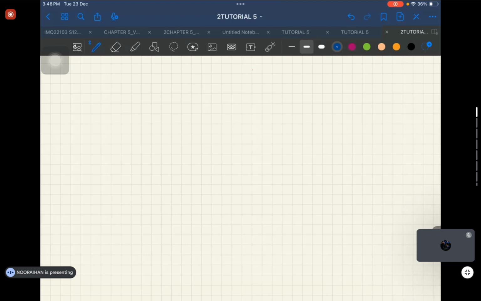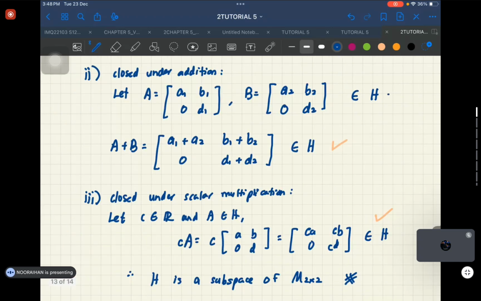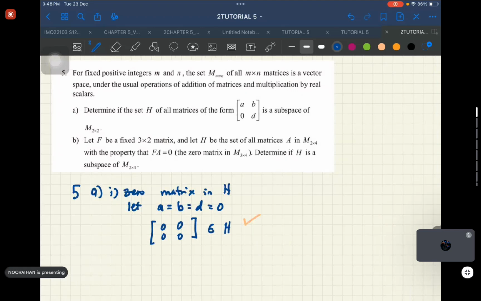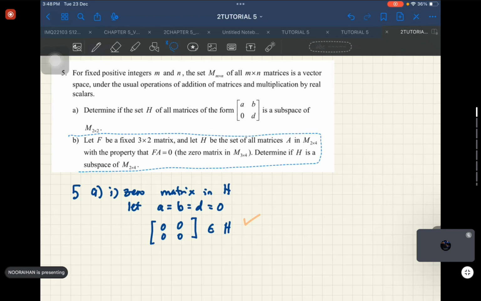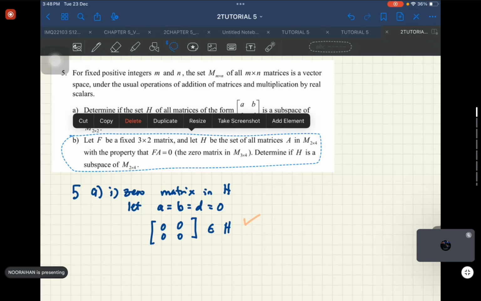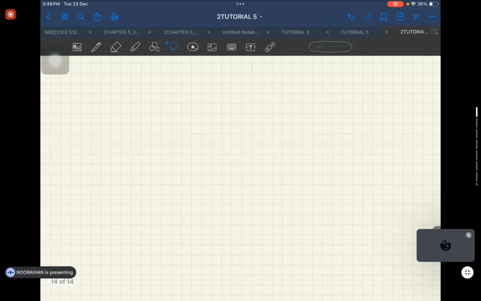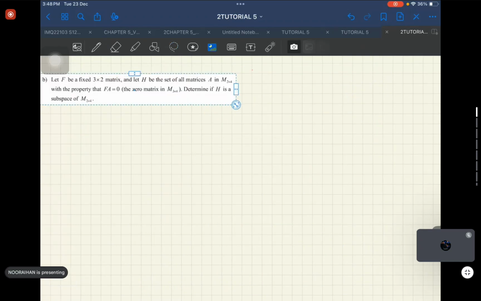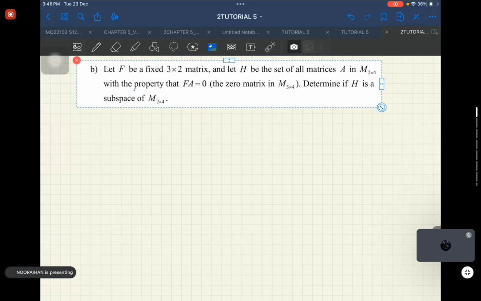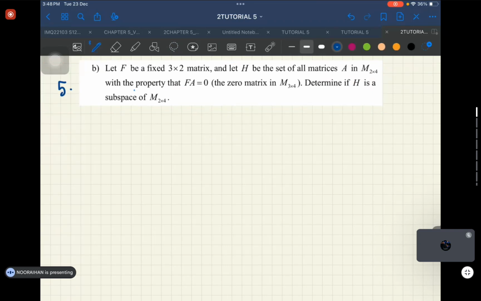Okay, F is a fixed 3 by 2 matrix from the question. Okay, so let's simplify this.